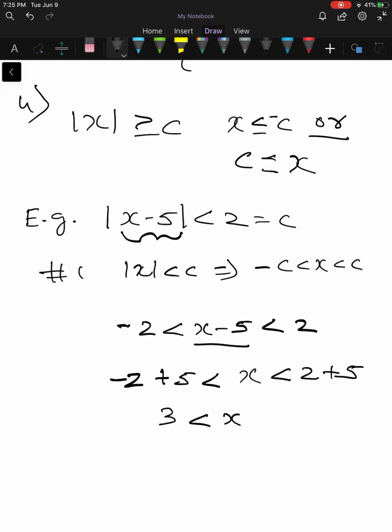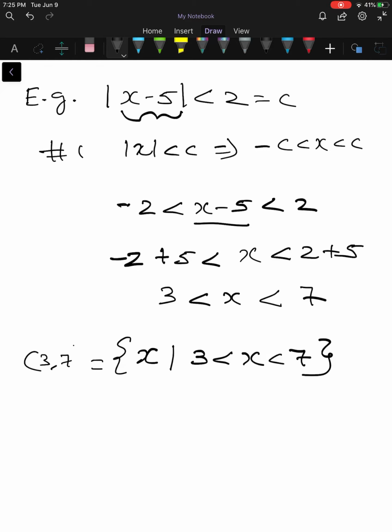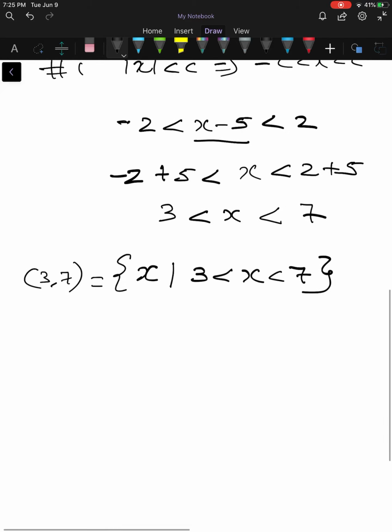So this would be 3 less than x less than 7. If you write this in set builder notation, that would be the set of all x such that 3 is less than x less than 7. If you have to write it as an interval, that would be the open interval 3 comma 7.